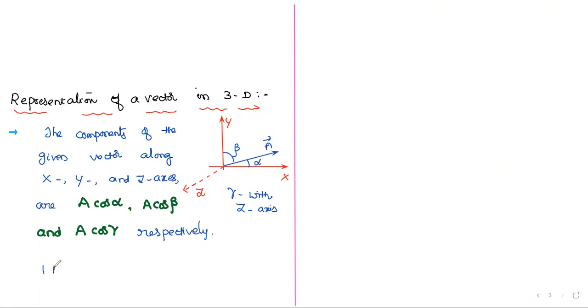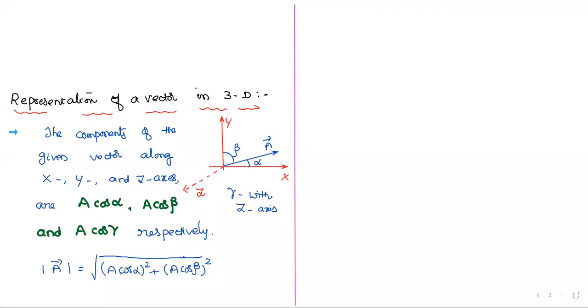Then mod A bar can be written as the root of A cos alpha whole square, that is AX square, plus A cos beta whole square, that is AY square. And look at the third axis, the Z axis, it is completely perpendicular to the board.